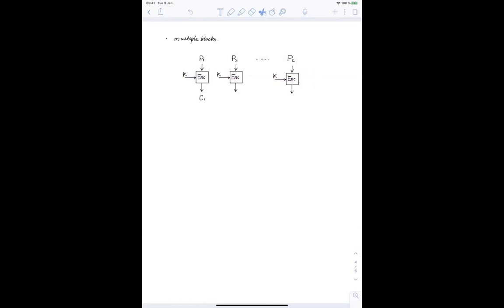And then here we have P2, excuse me, we have ciphertext C2 for the second block. We have ciphertext CT for the last block. And here the encryption can be any block cipher.